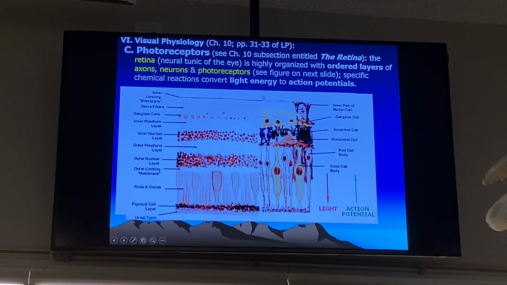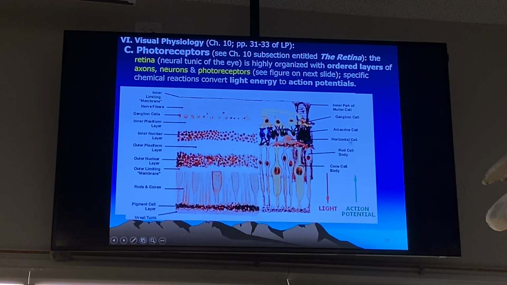So here, be sure you know, like right here, write the lens on the top of this slide. That's where the light's coming from, in the direction of the red arrow. And the rods and cones are the deepest layer pointed away from the lens. And then the neural signals will go in the opposite direction. It's not action potentials until it gets to the ganglion cell. This is actually an error.